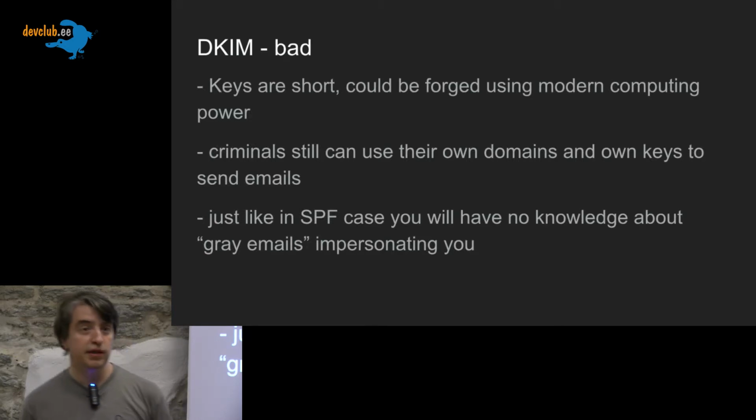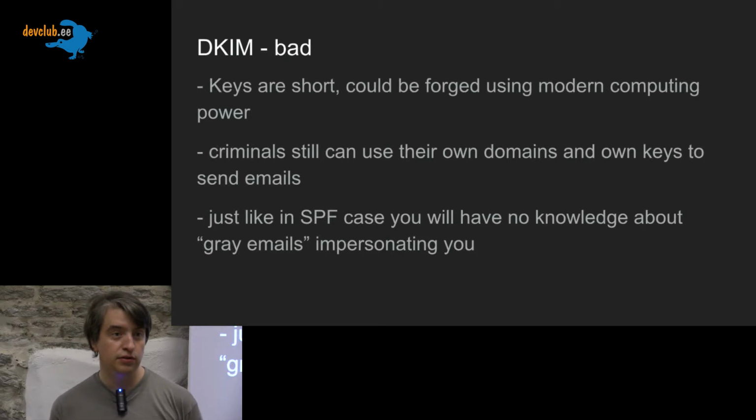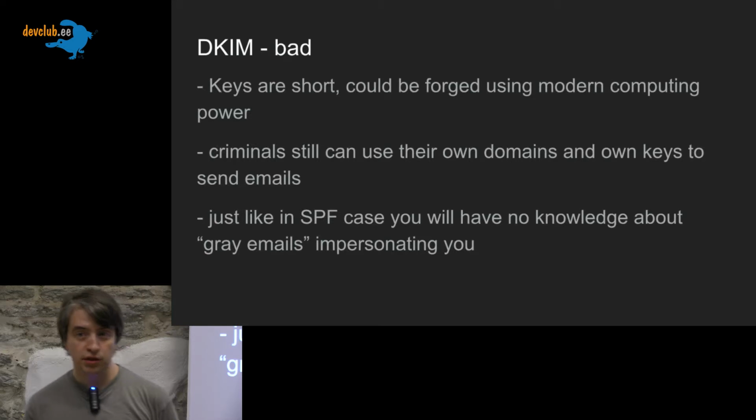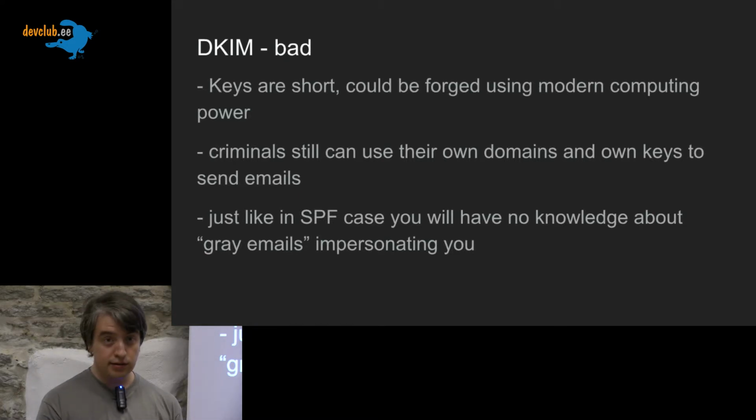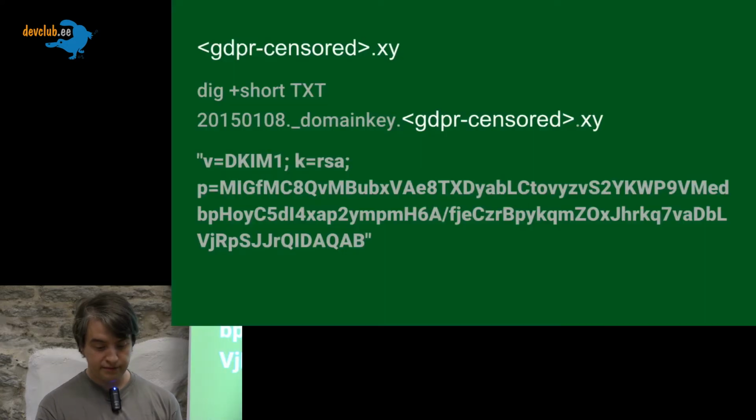And that means that unless we use some modern encryption technology, your short key can be reversed and forged using modern computing power. And criminals still can put their own domain into mail from and show your company domain in the from field that the client program will show to you. These addresses are completely separate, and people are actually abusing that.